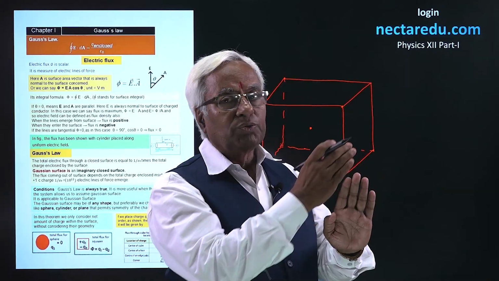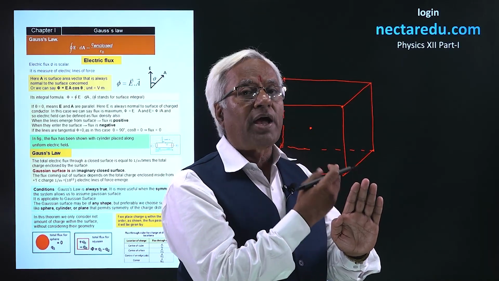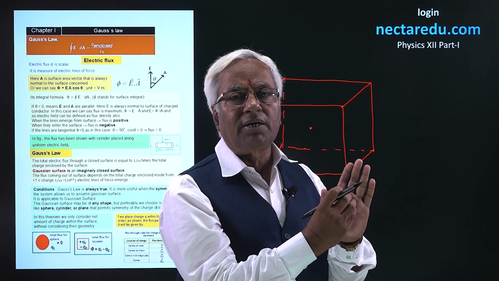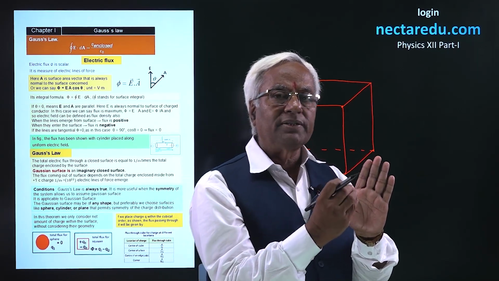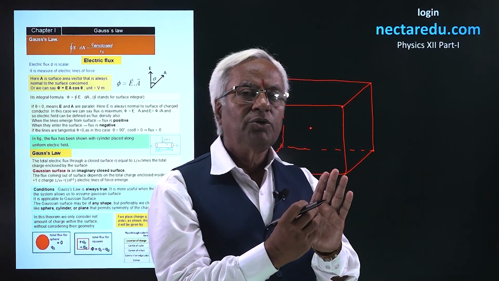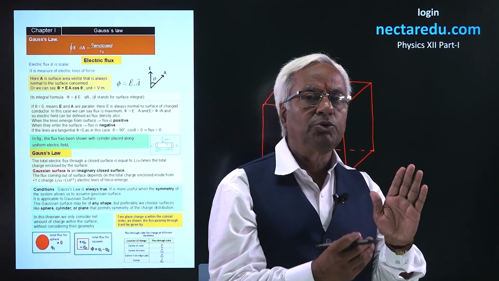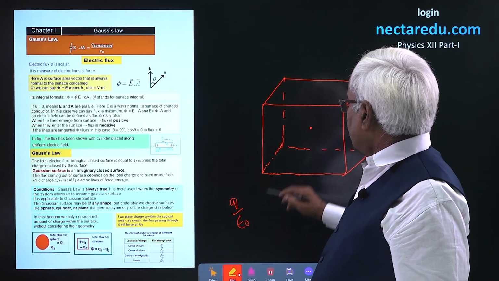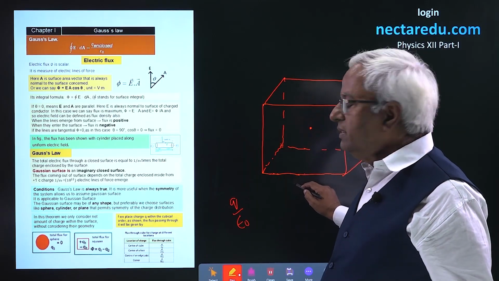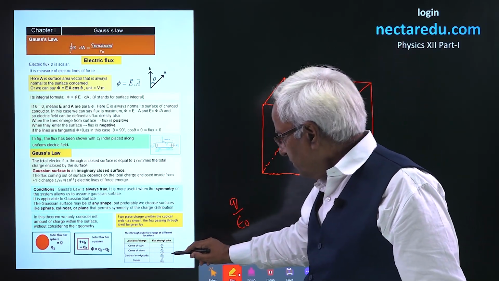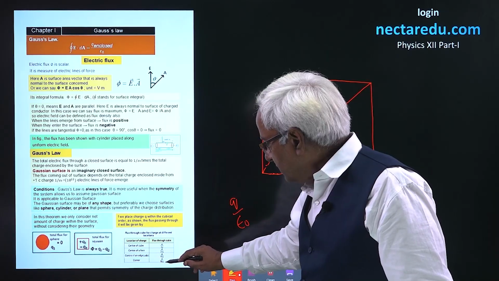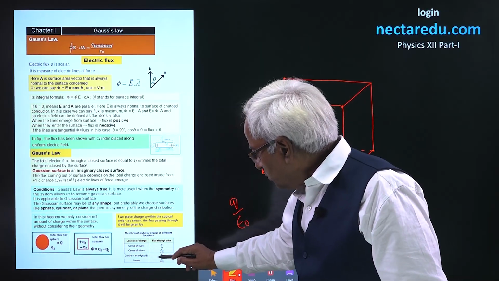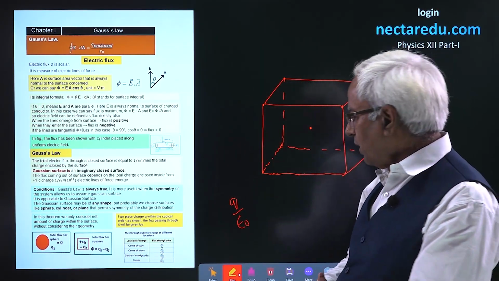That means this entire cube is going to have only half of the total flux given by this charge. So in that case, if you are putting the charge at the midpoint of the face, total flux coming out will be q upon 2 epsilon naught. Similarly, you might choose a corner and the middle of a side. If you choose a corner, it's given here, q upon 8 epsilon naught, and if you choose the center of a side, it's going to be q upon 4 epsilon naught.